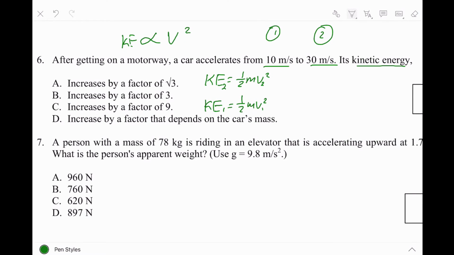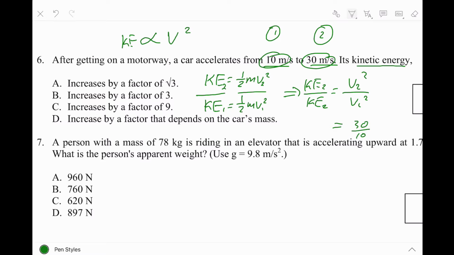Of course, if you really do the math, you divide them, and then you have KE2 over KE1 equal to V2 squared over V1 squared. Now from 10 to 30, how many times? 3 times. So 30 over 10 squared, so it's 9. It means the kinetic energy increases 9 times. All right, so the answer is C.